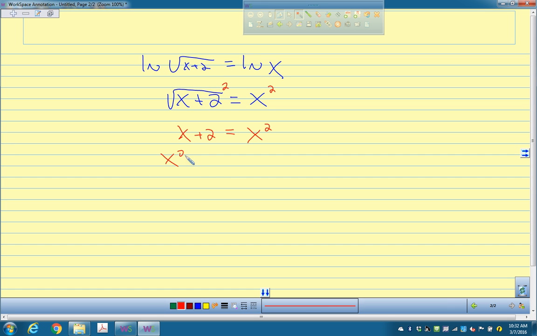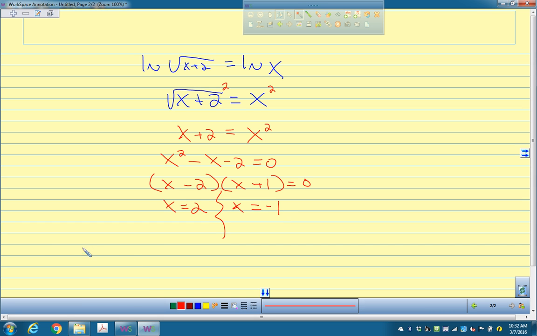So I get x squared minus x minus 2 equals 0, and that factors to x minus 2, x plus 1 equals 0. So either x is 2 or x is equal to -1.